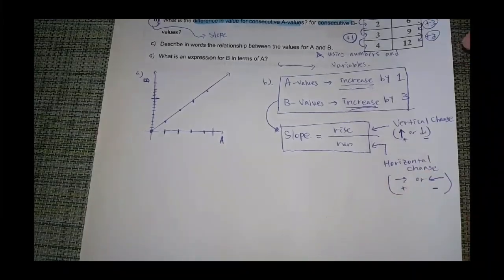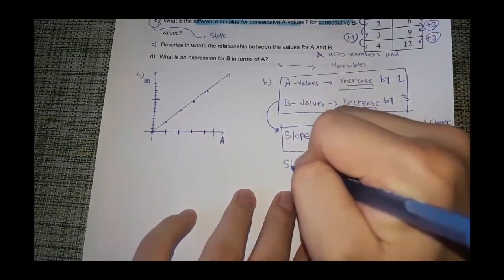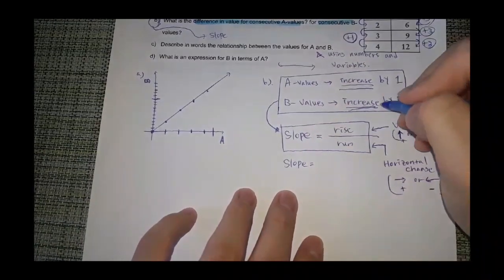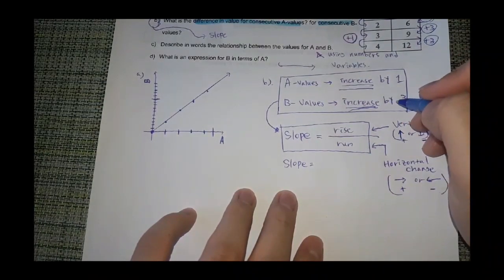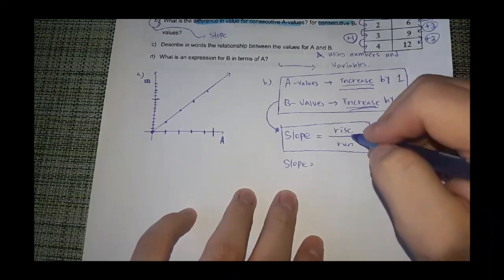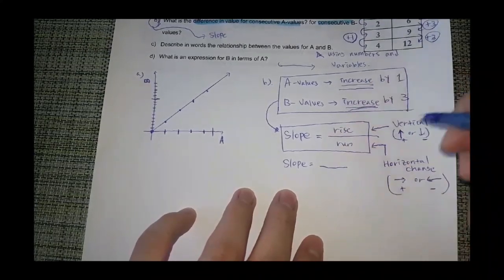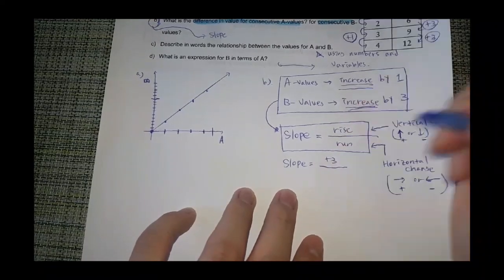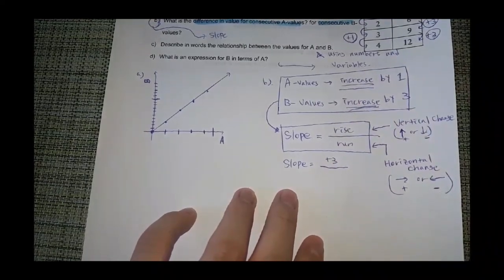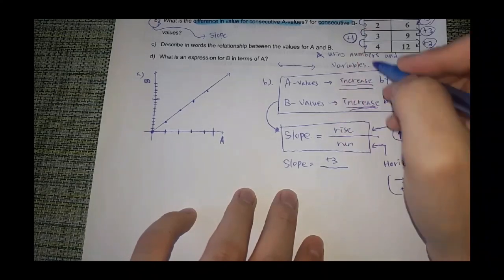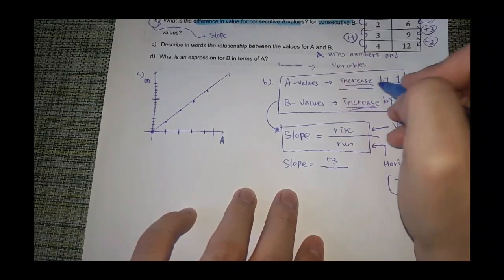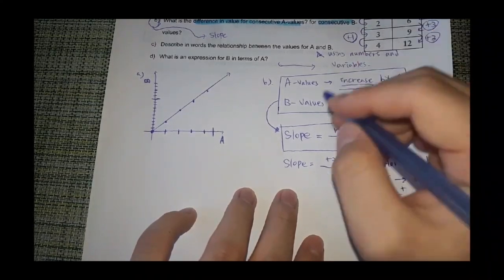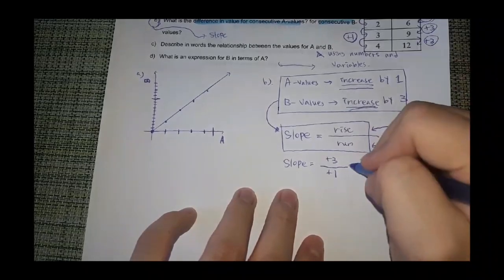So, how can we find the slope? Well, your answer in B is actually telling you the vertical part. So the rise part: are we increasing by 3 or decreasing by 3? We are increasing by 3, so it's positive 3 on the top. If you look at horizontal change, it increases by 1, so that means it's positive 1.